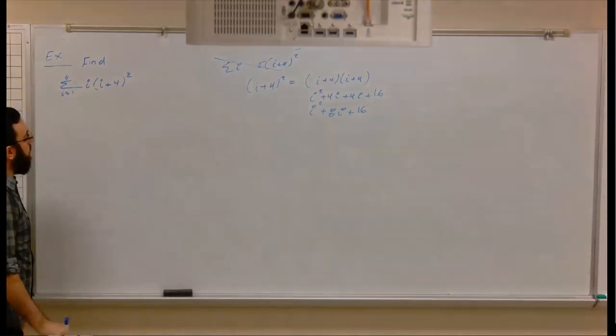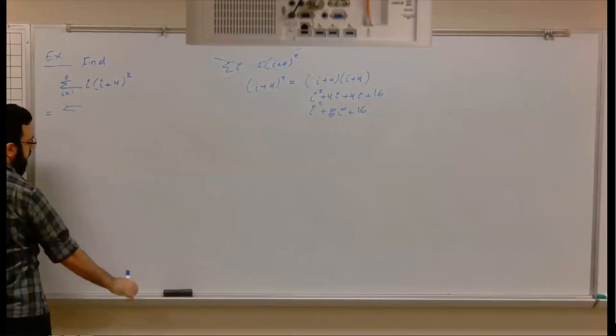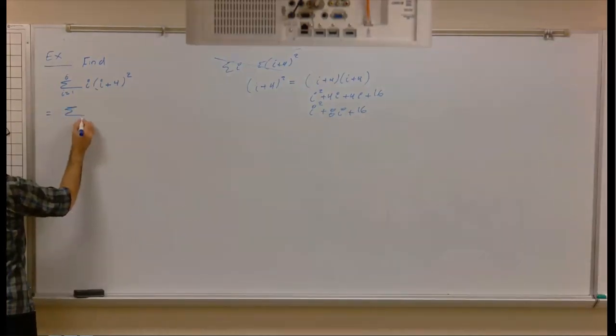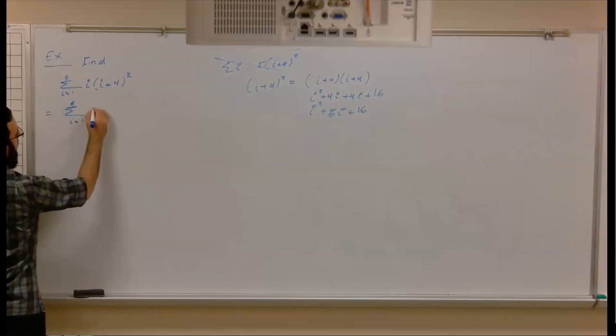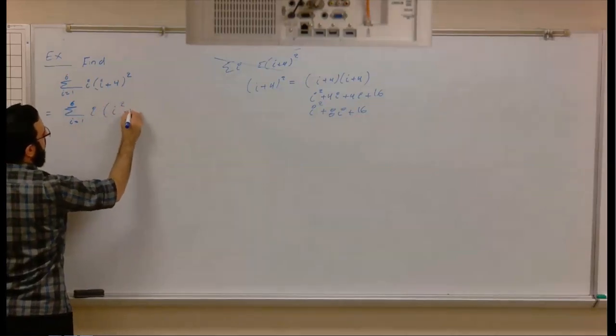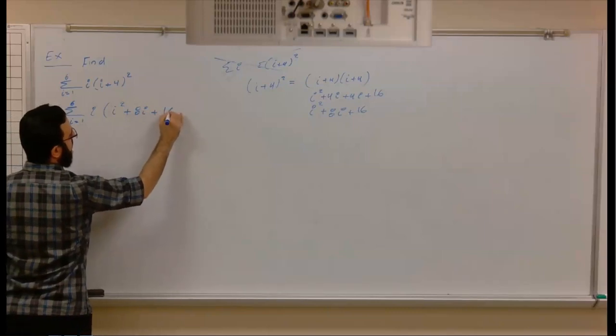Okay, so what I'm going to write down here is the same thing: summation from I equal 1 to 6, I, and this one is going to be I squared plus 8I plus 16.